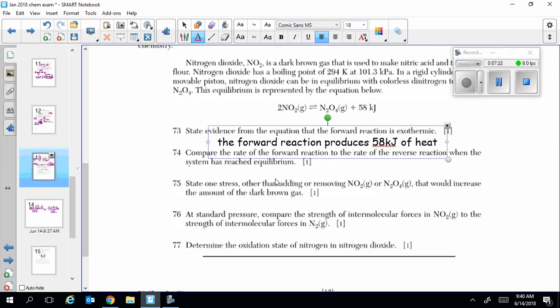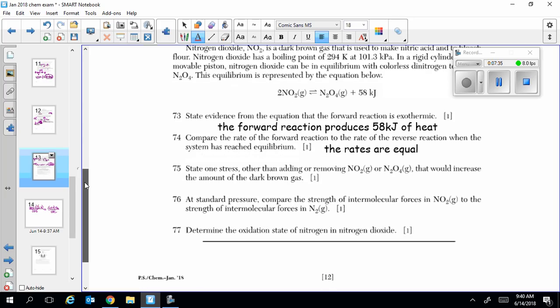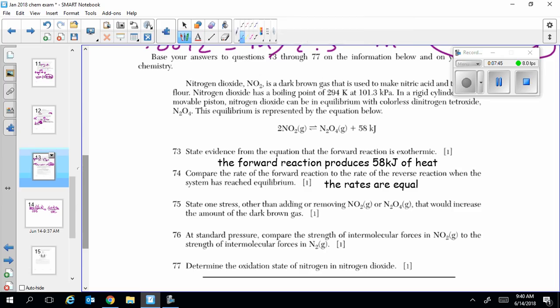Compare the rate of the forward reaction to the rate of the reverse reaction. If it's at equilibrium, the rates are equal. Remember my saying, anytime you have equilibrium, your rates are equal and your concentrations are constant. State one stress other than adding or removing NO2 or N2O4 that would increase the dark brown gas. All right, so first of all, I got to go up here.